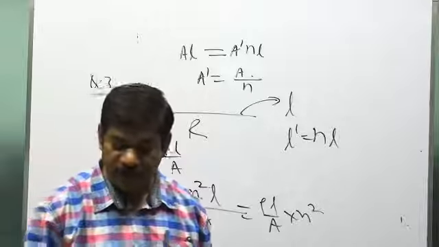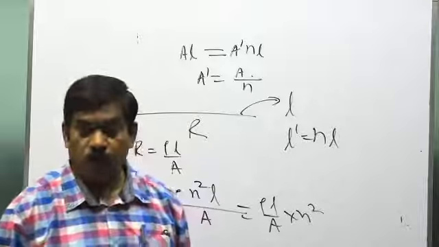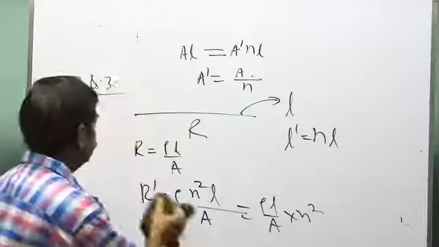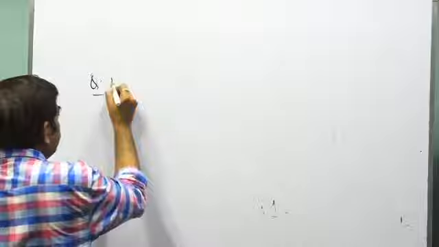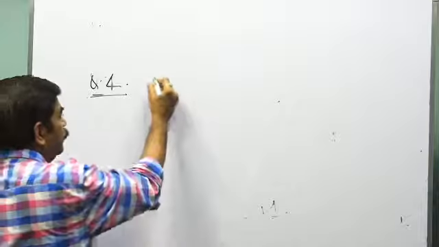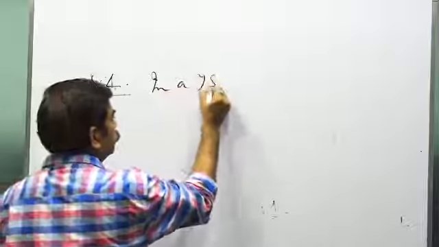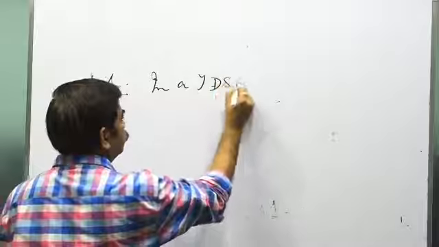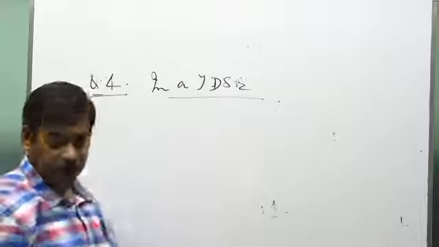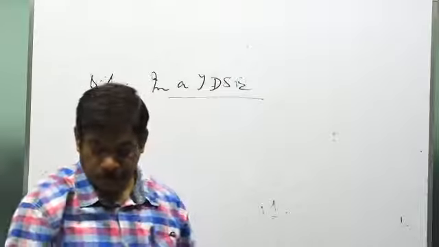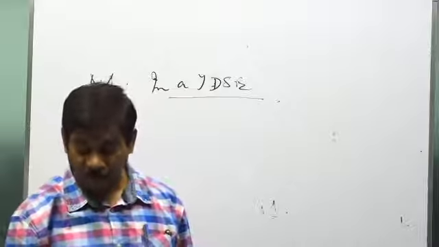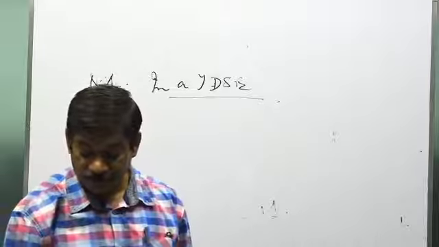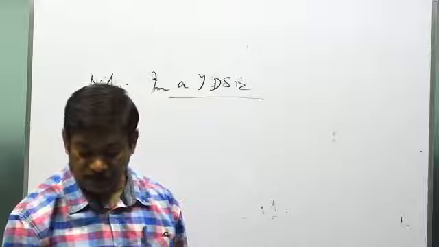You see the question is that in a YDSE, Young's double slit experiment, this is the question number 4. So see the question number 4 is, in a YDSE, Young's double slit experiment is performed, the YDSE performed in the air and then in a medium other than air.